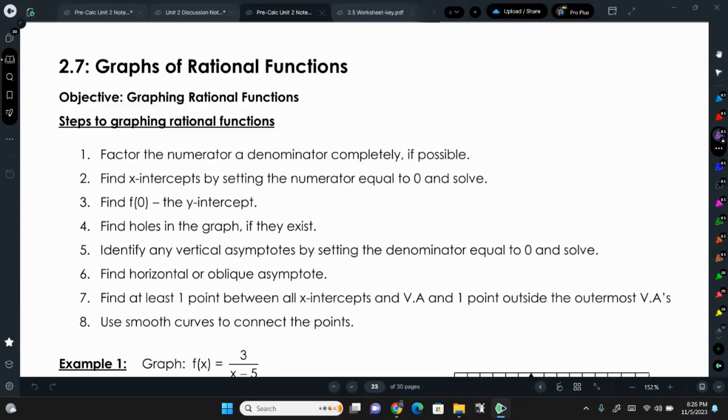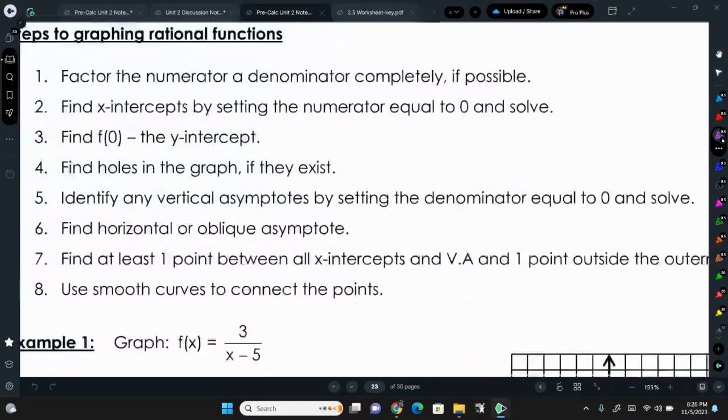Find holes in the graphs if they exist. Remember, that is when you can cancel a factor from the numerator and denominator. Set the denominator equal to 0 to find any vertical asymptotes. Find horizontal or oblique asymptotes.